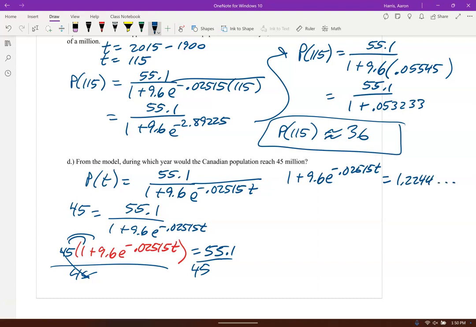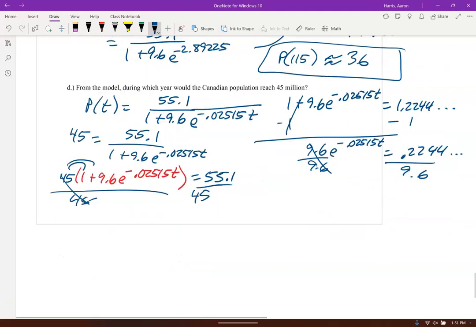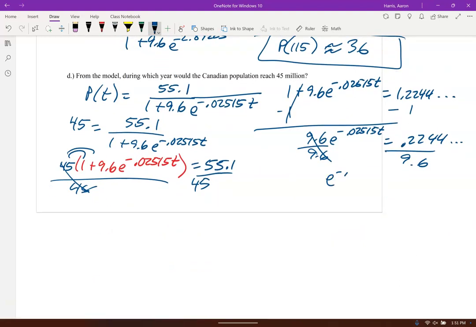Subtract 1. 0.2244 and so on. Divide by 9.6. And you get 0.0233796.